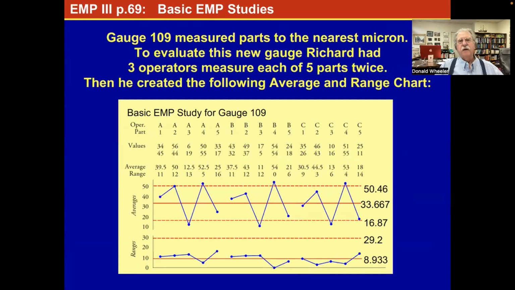Gauge 109 measured parts to the nearest micron. To evaluate this new gauge, Richard had 3 operators measure each of 5 parts twice. He then created the following average and range chart.